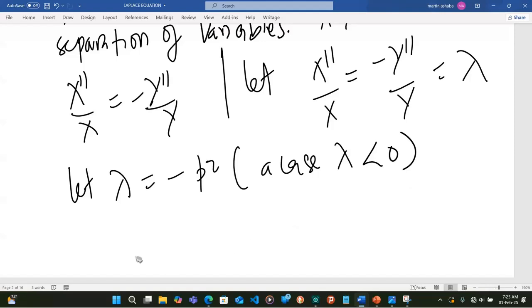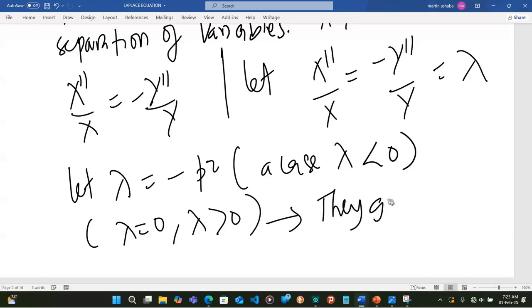We are taking a case where lambda is less than 0. You can try for the cases of lambda equal to 0 and lambda greater than 0, but these two cases are going to be useless in our discussion in a way that they will consume much of our time. You can try it in your own time, and you'll find that they will give no oscillatory solutions.